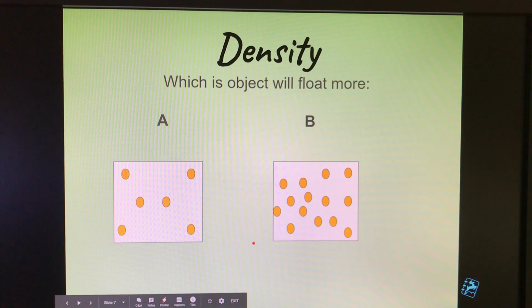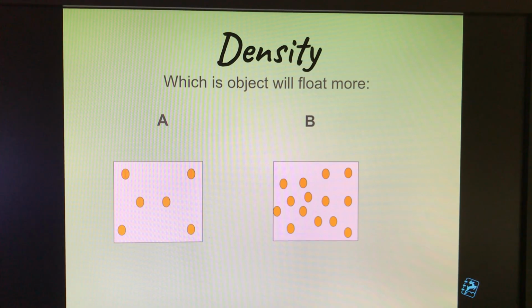Less dense, more float. So, which one of these is going to float more? The one that has the atoms that are more tightly packed, or the object that has the atoms that are less tightly packed? Well, if you chose A, you're absolutely correct. Less density means that there are fewer atoms within a volume, so it will float more.